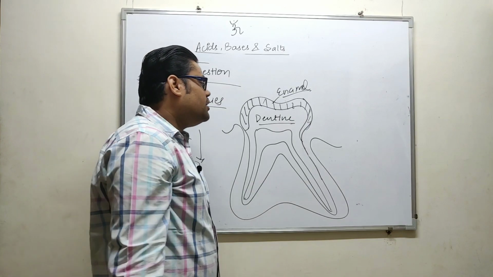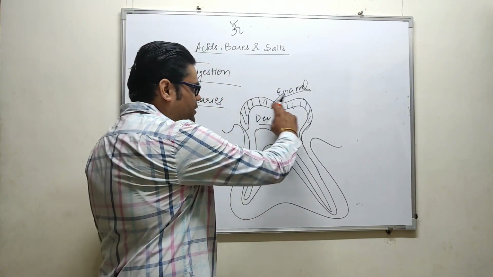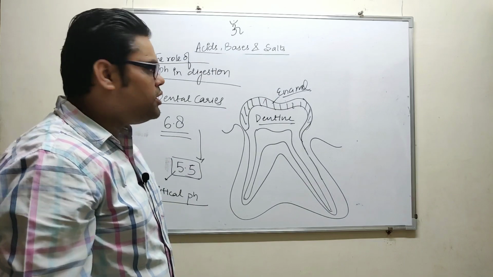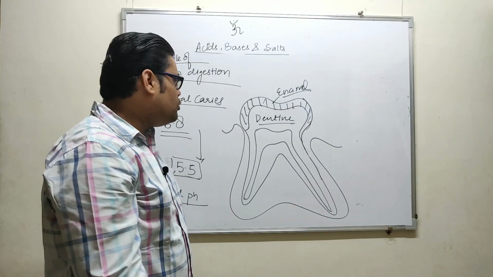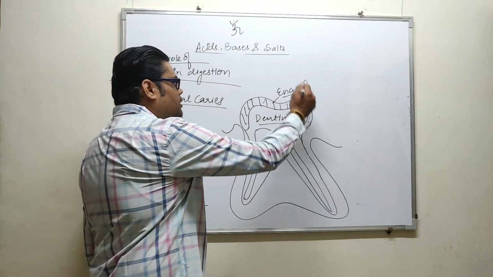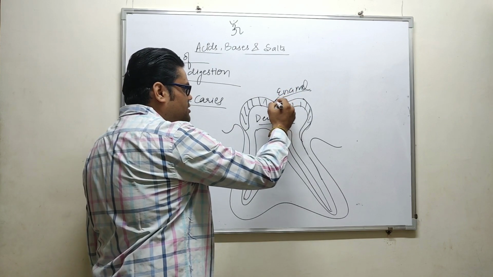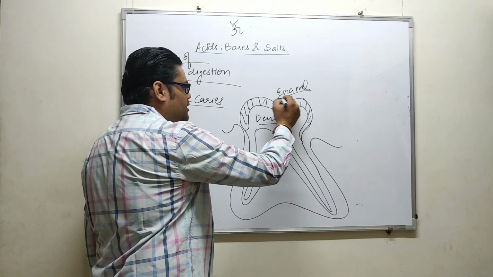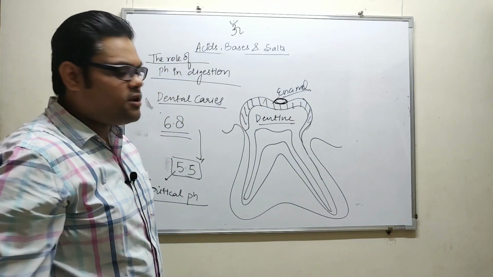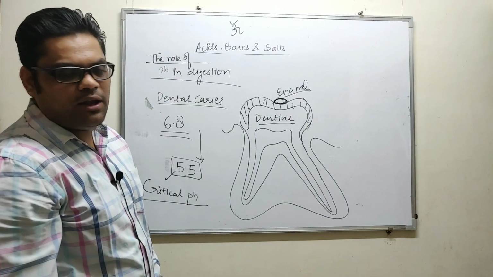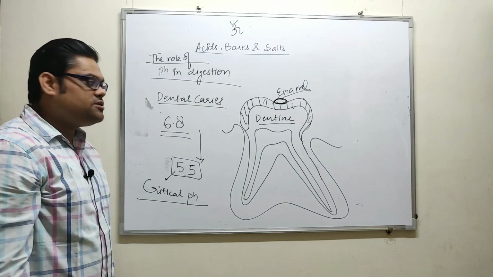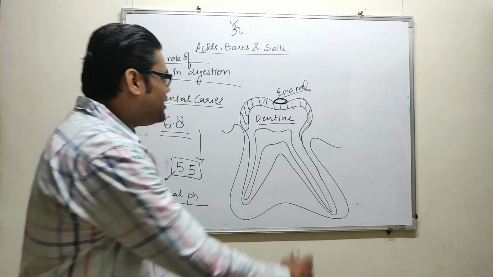The tooth surface is not smooth, it has ridges, grooves and pits. So the food material gets stuck on the rough tooth surface, and it will invite different types of bacteria to come and exploit this food material.